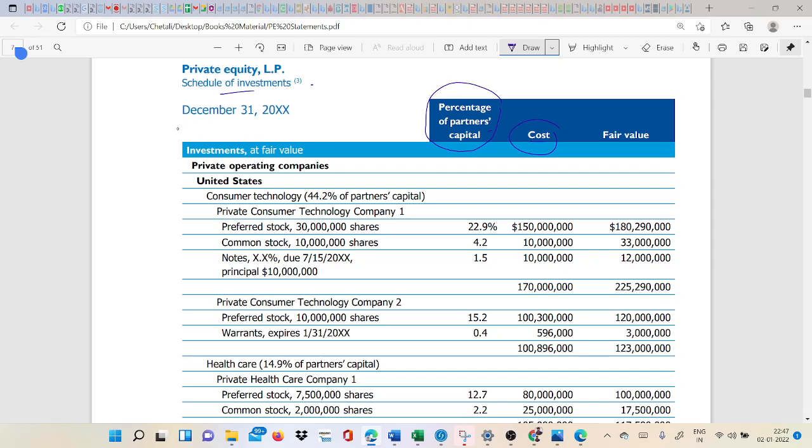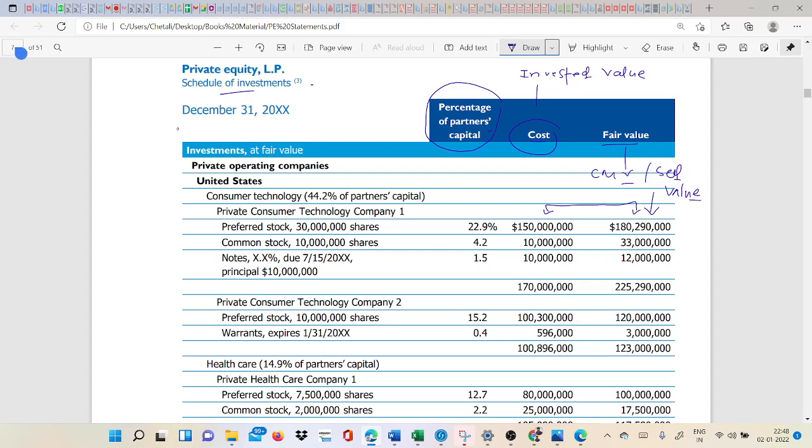Cost, invested value, fair value, current market value, or sell consideration. If you sell, you will receive this. Simple. Sell value. That is what you are saying, the difference between these two. Okay.